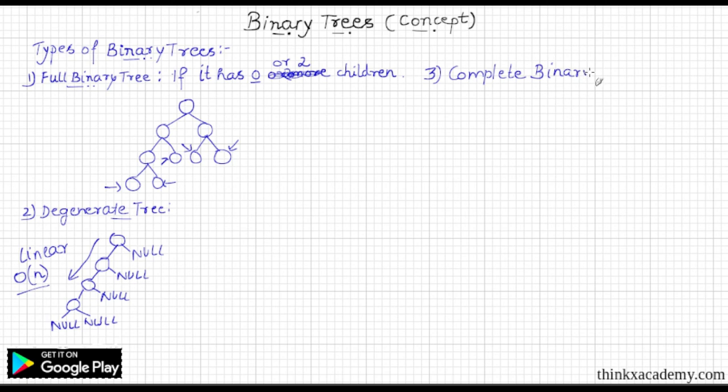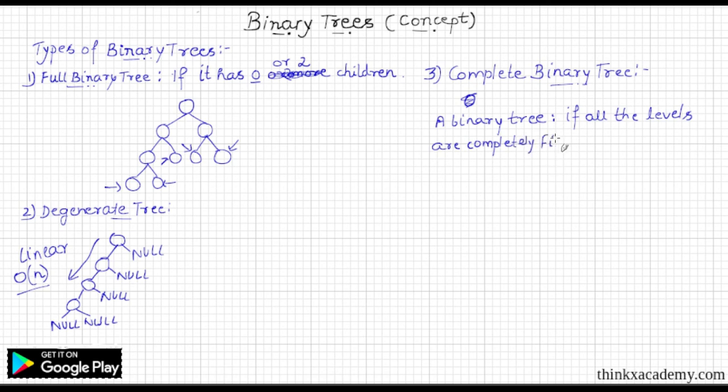So by definition, a binary tree is a complete binary tree if and only if all the levels are completely filled except possibly the last level.